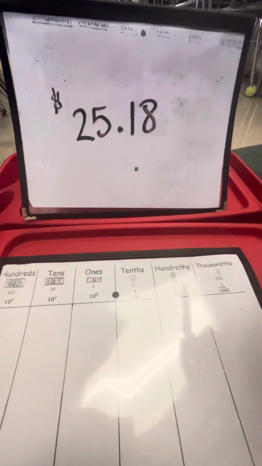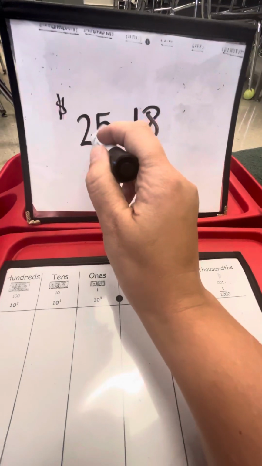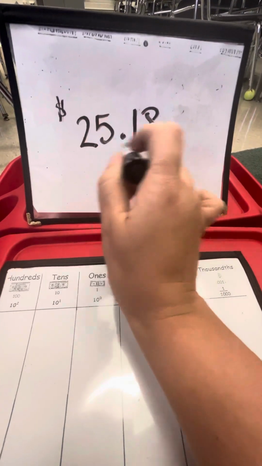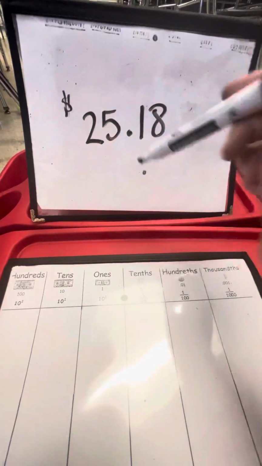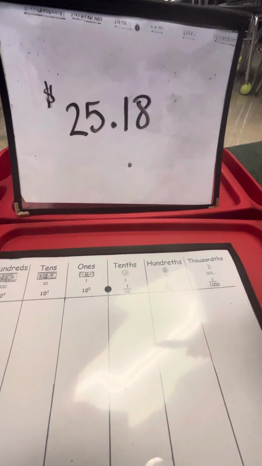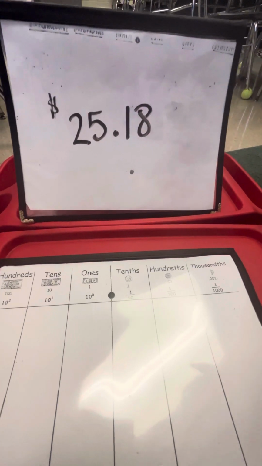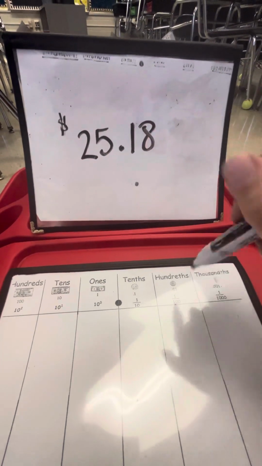So that's where this friendly number skill is helpful, because if we have something that's priced at $25.18, we want to be able to do some quick mental math with that and estimate that number to a friendly number that's easy for us to mentally add, subtract, and multiply in our head.